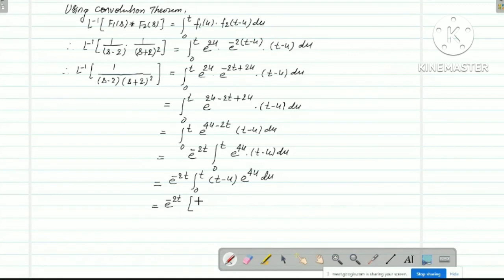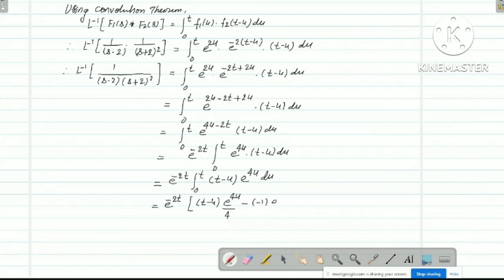We write first term t minus u, integration of v, integration of v is e raised to 4u divided by its coefficient 4. And minus derivative of u. Derivative of u is what? Derivative of t is 0, of minus u is minus 1. Minus 1 and integration of this.